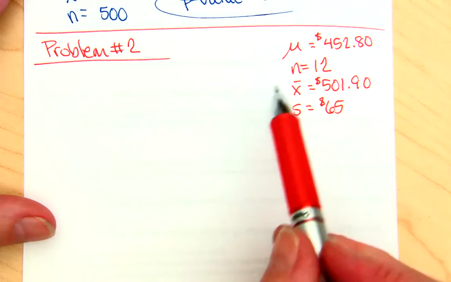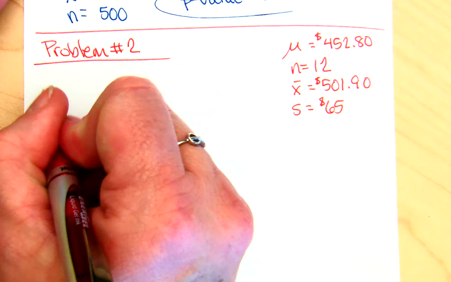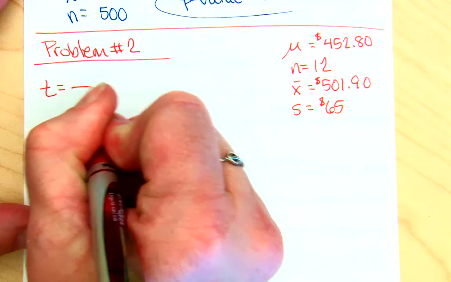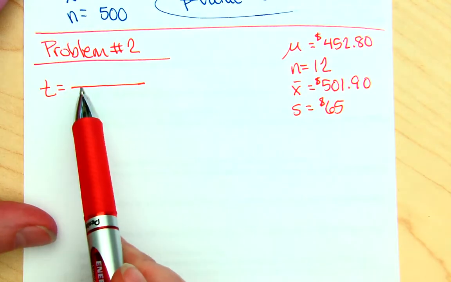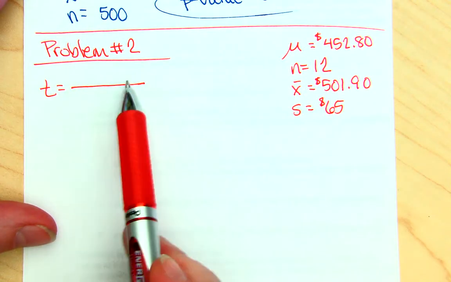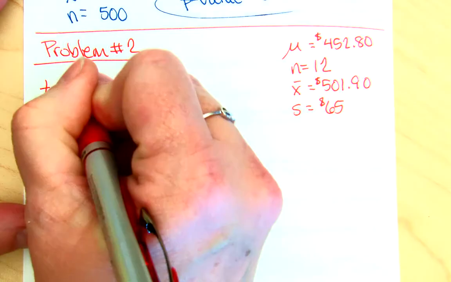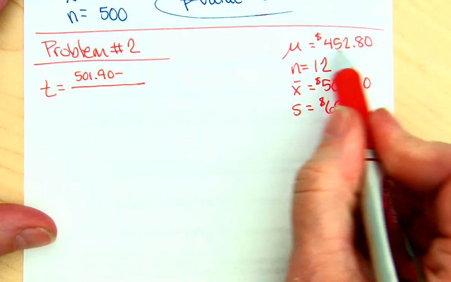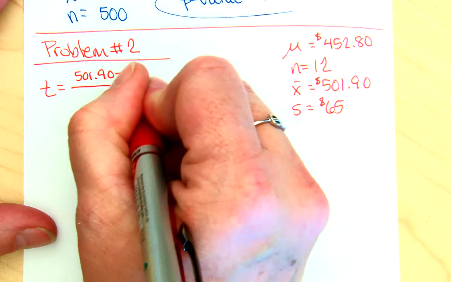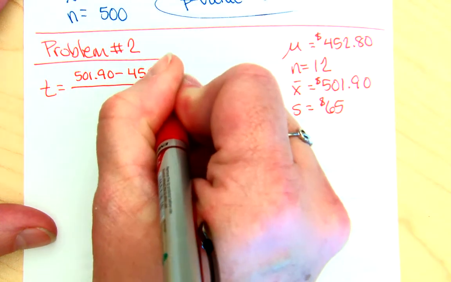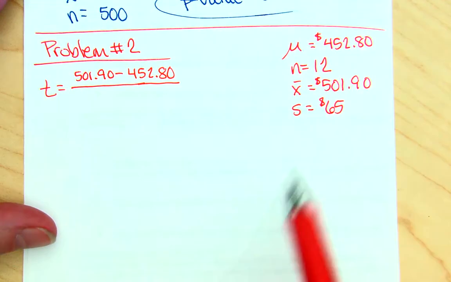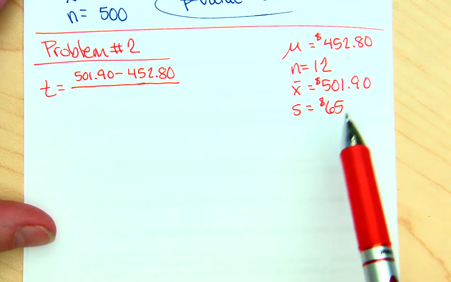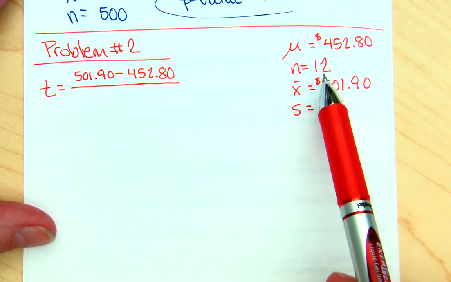So if we're dealing with means, we want to use a T distribution. So we're still doing the sample value minus the population value. So our sample is 501.90 minus our mean for the population, so 452.80, over our adjusted standard deviation, which is going to be 65 divided by square root of 12.